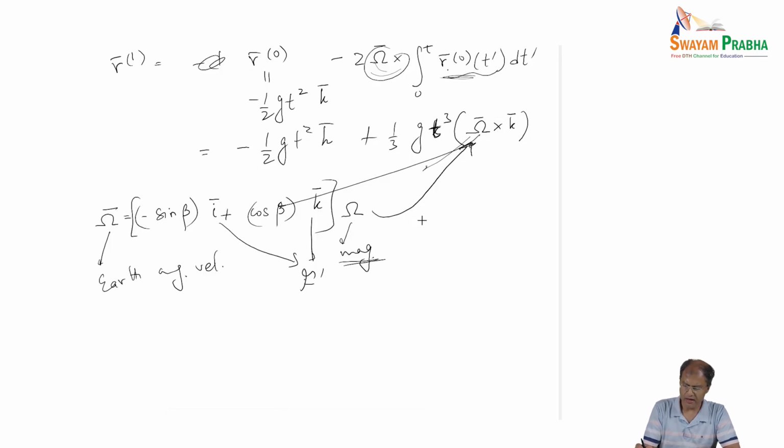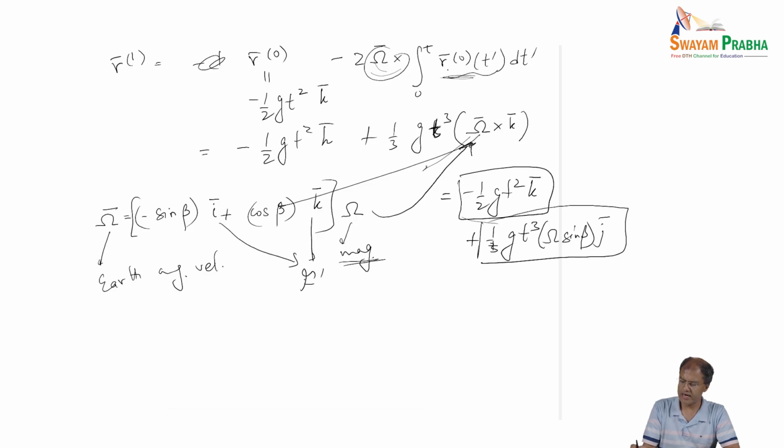We see that up to first order approximation, R1 comes out to be minus half g t squared k bar plus 1/3 g t cubed omega sine beta j, right? That is what we have, and this is our new position, which is in addition to the old position.